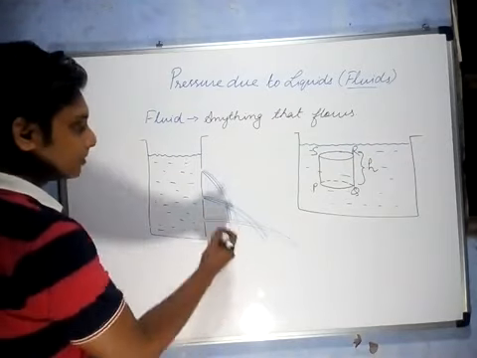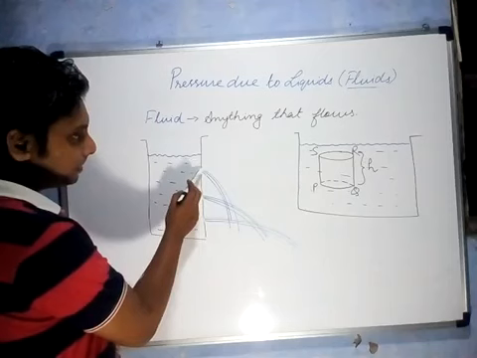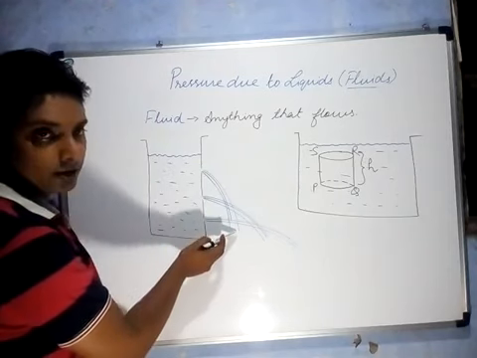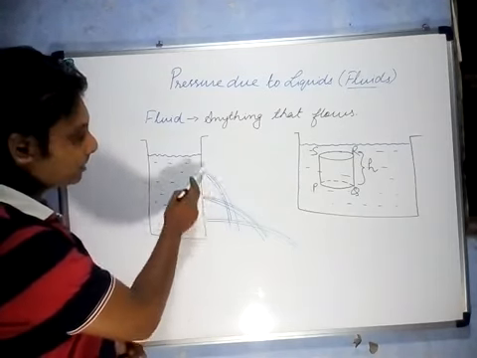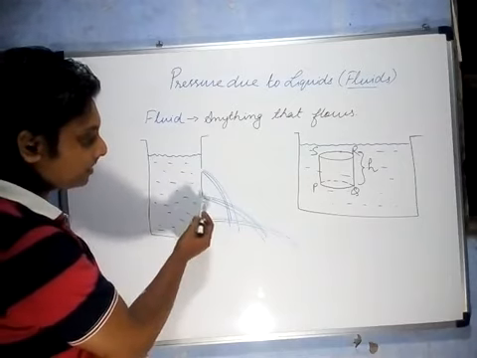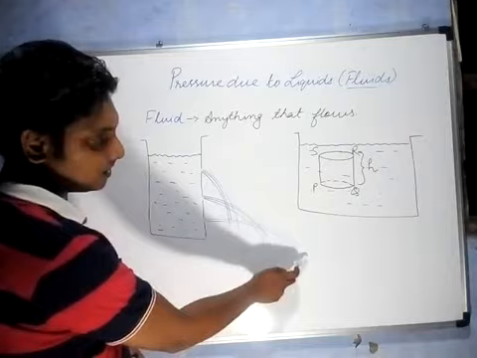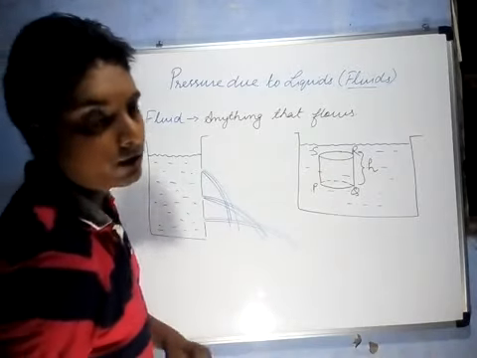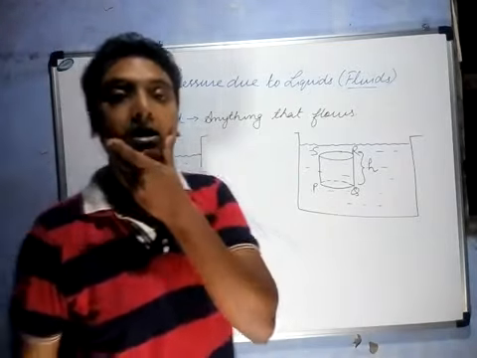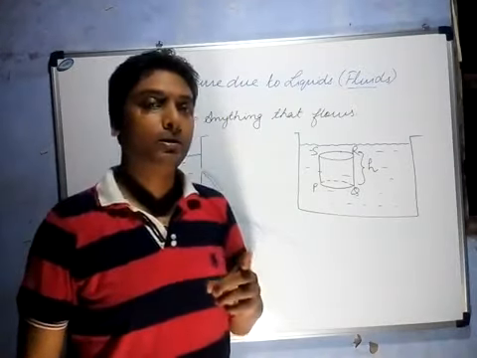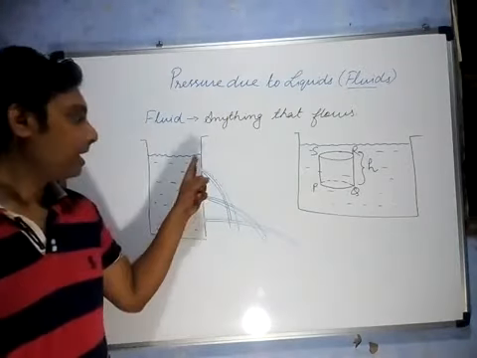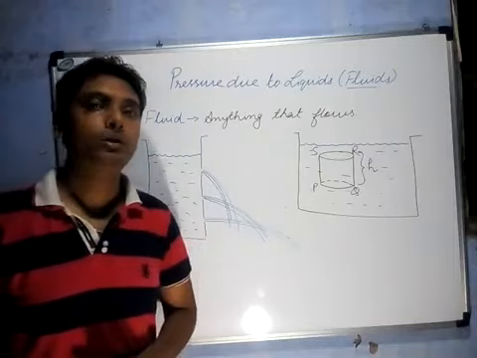From the first it is not that fast, the pressure is not that high. In the second one the pressure is a little bit higher, and in the third one the pressure is much higher.